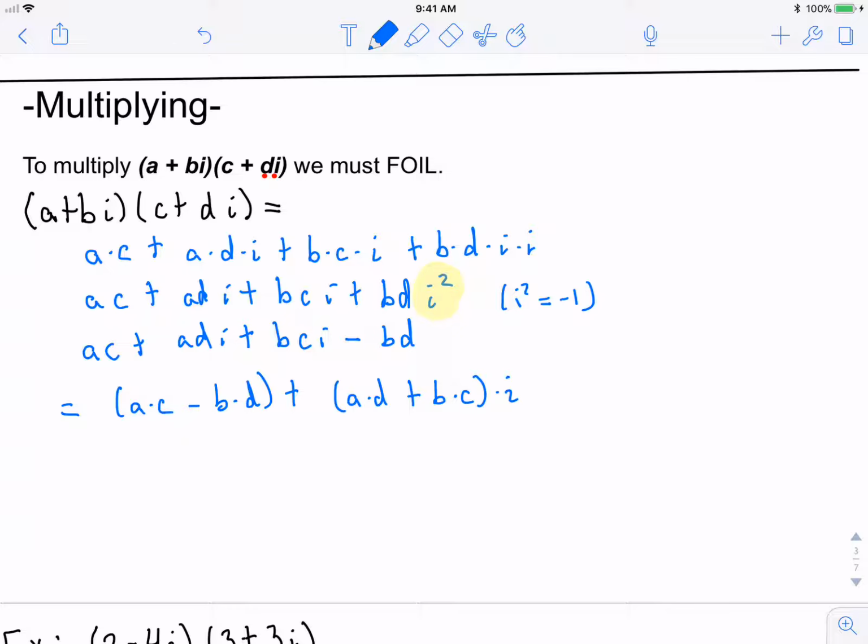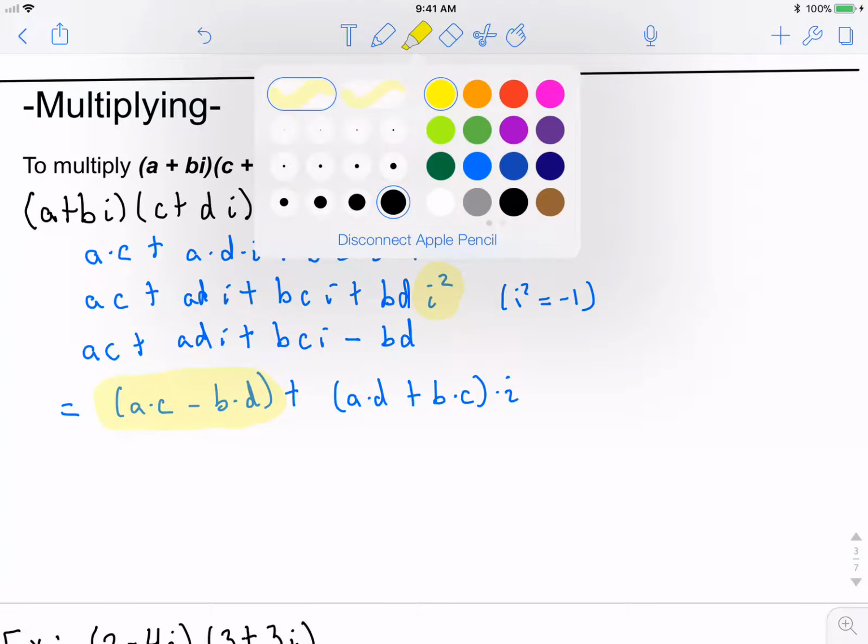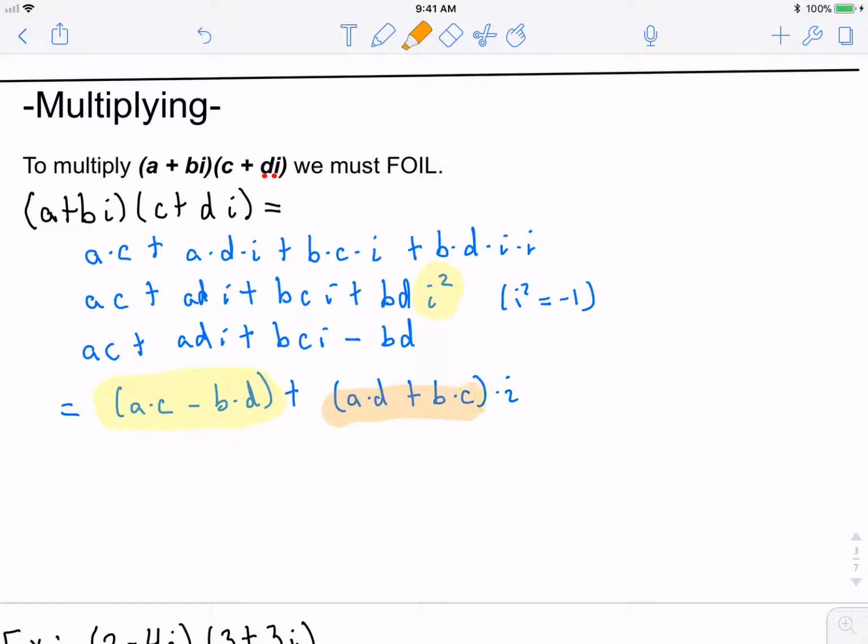And now again, this is in standard form. Some nice real number with no i plus some nice real number times i, and things are separated out quite nicely. So remember, when we multiply, we just need to FOIL, and i squared is equal to -1.